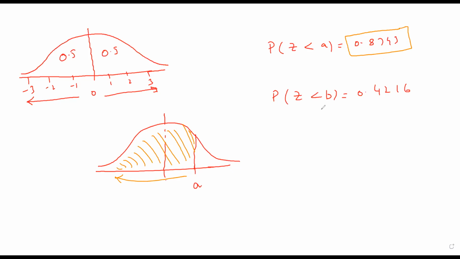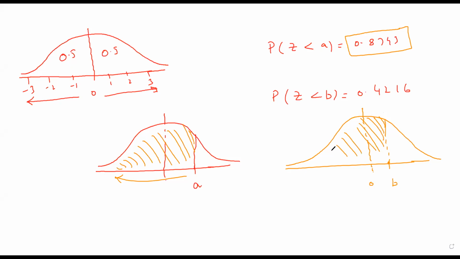Look at this. Z is less than B. If you are using your mind here, you should not suppose that this B is anywhere over here. If you keep your B over here, is it possible that all this area is 0.4216?